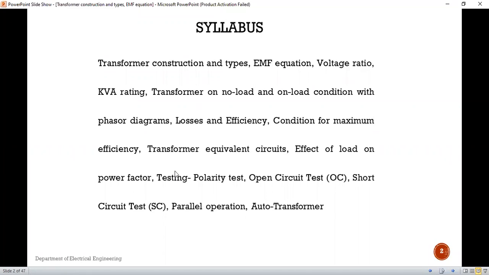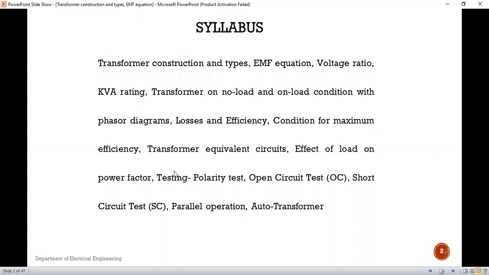Then some testing we want to perform: the polarity test, the open circuit test, that is the OC test, and the short circuit test, that is the SC test. So we have to perform these three tests and understand them.